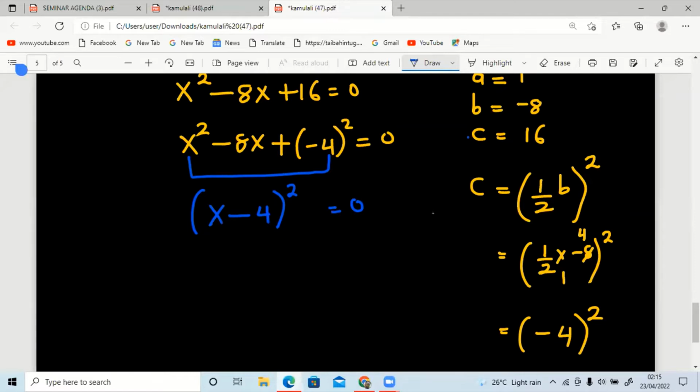Okay. Can you do for me now the last one about completing square? I have x squared minus 6x plus 9 equals to 0. I want you to express it in form of a square. Let's do it quickly. Look at that one.